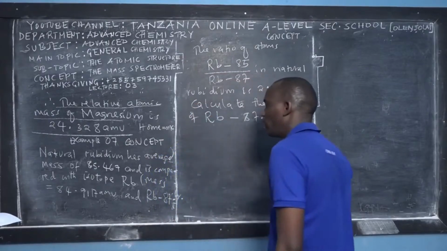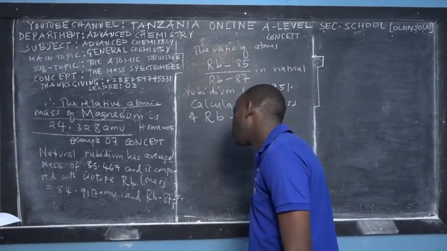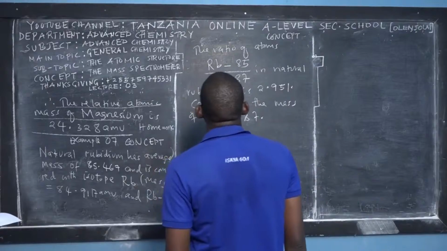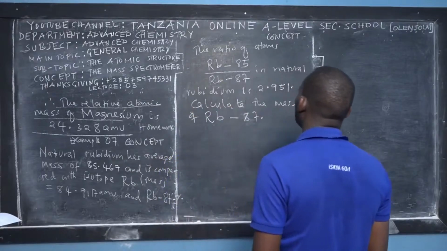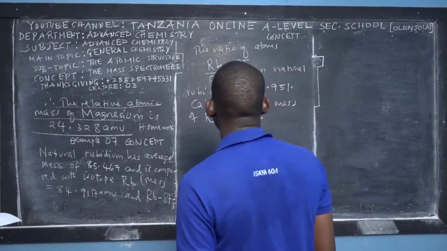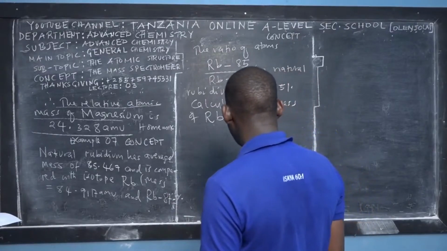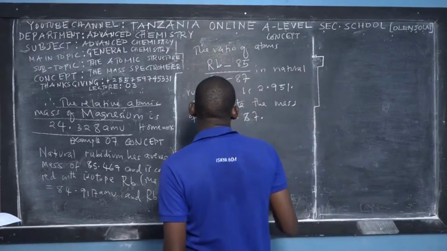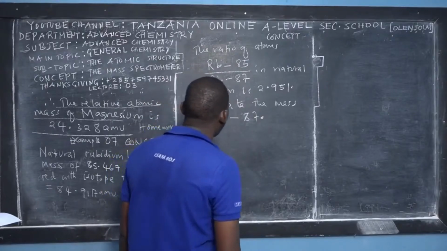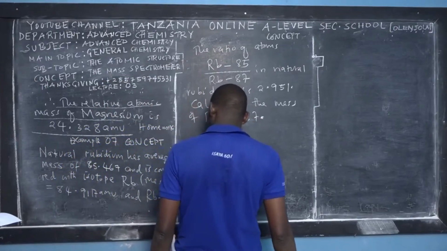The question said that natural rubidium has an average mass, and is composed of isotopes. The ratio of atoms, rubidium 85 over rubidium 87 in natural rubidium, is 2.95. Calculate the mass of rubidium 87. So you have to be careful on this concept.